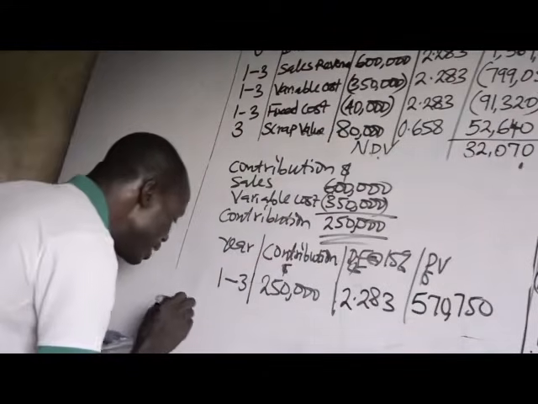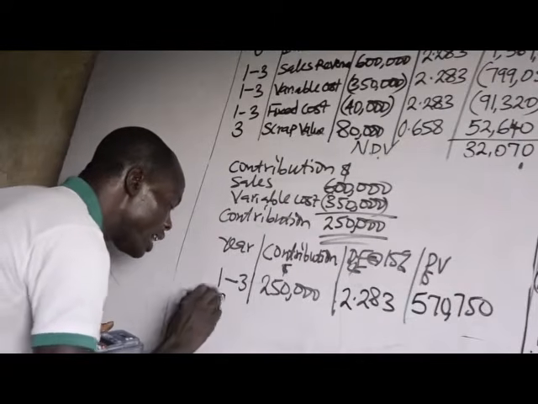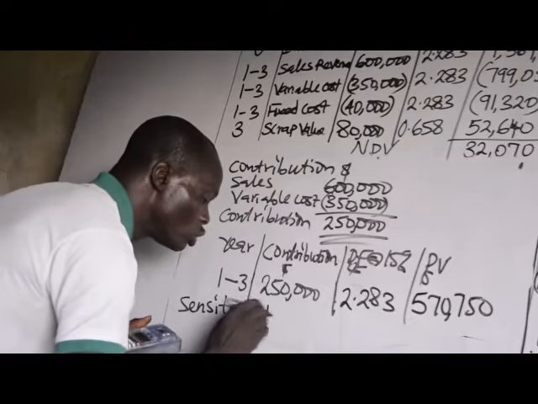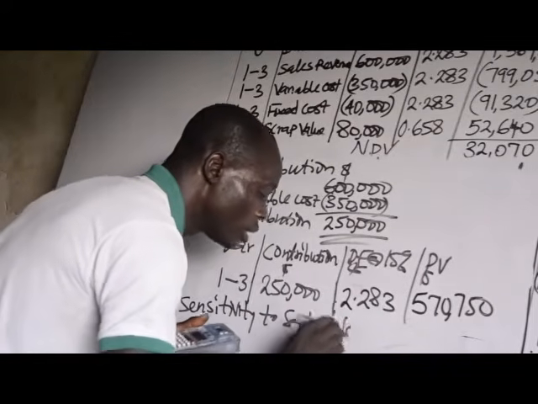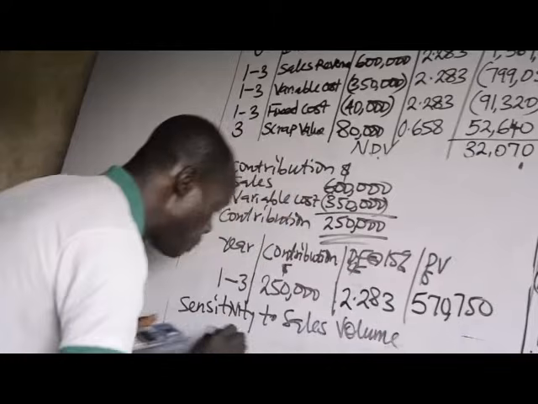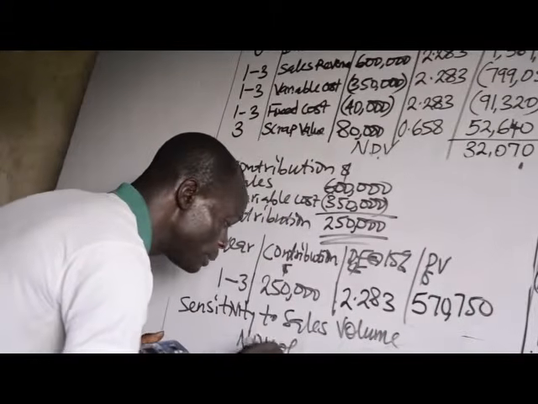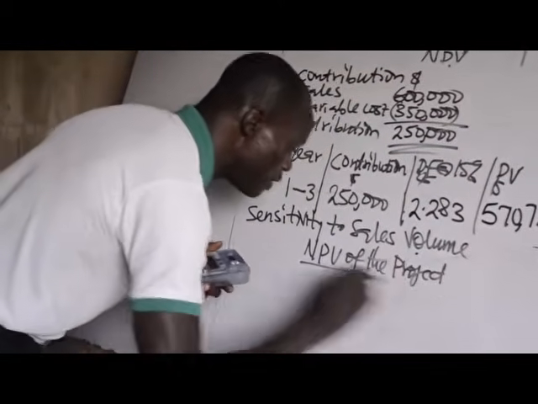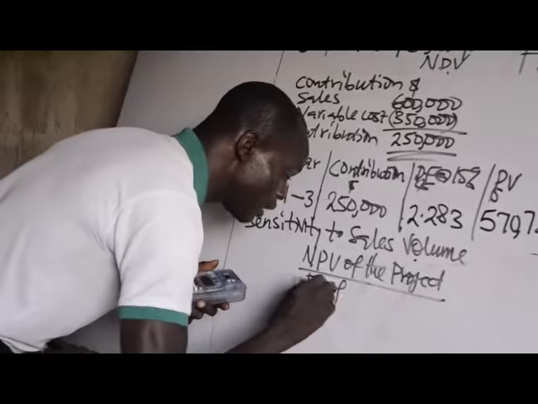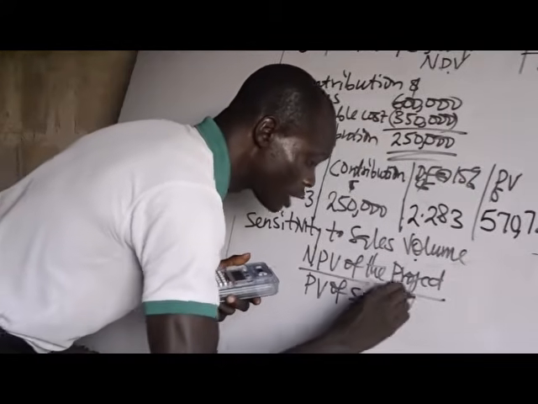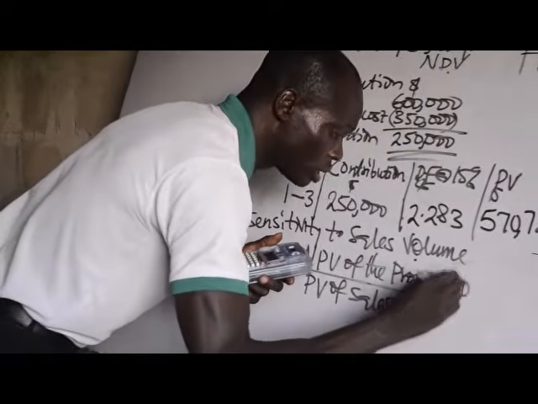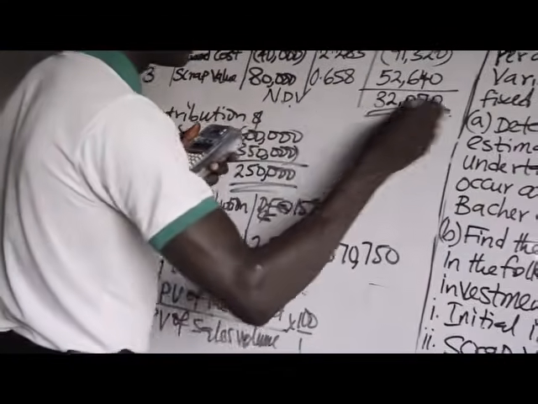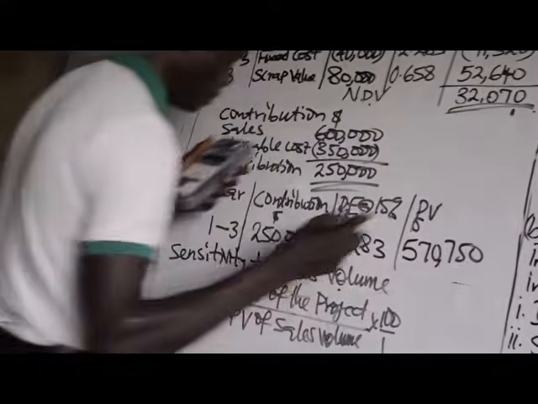Then sensitivity to sales volume will be the NPV of the project over PV of sales volume. I told you that the sales volume is talking about the contribution. And NPV of the project as calculated earlier is 32,070.